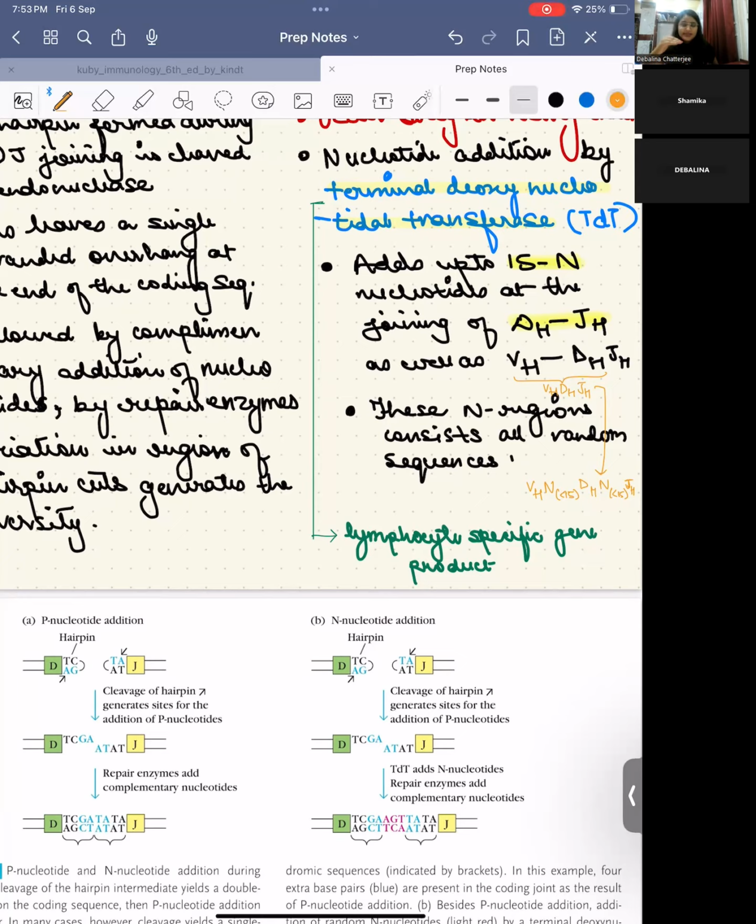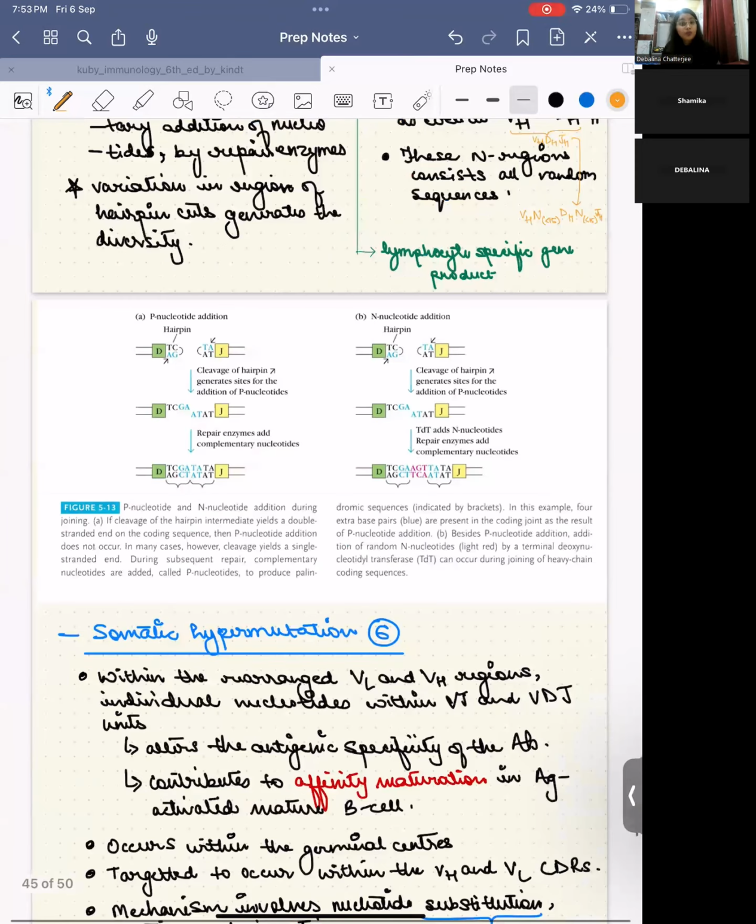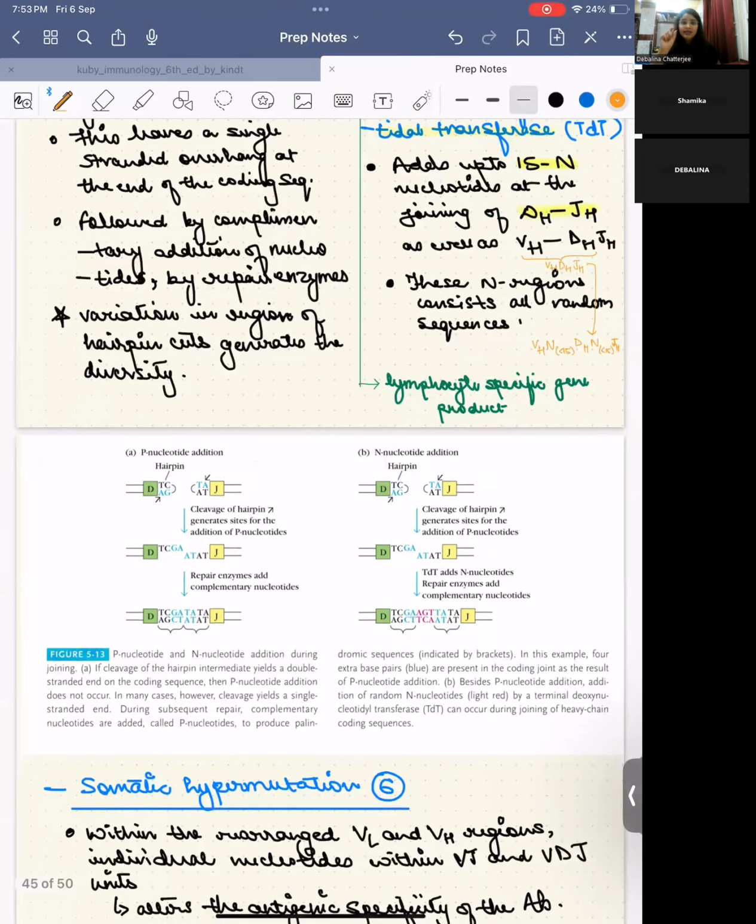But when this cell has to undergo differentiation, the switch regions can be activated, the switch recombinase is activated in the presence of antigen, and splicing to a different isotype of antibody is possible. So isotype switching is possible in the presence of antigen. Apart from that, somatic hypermutation is also possible in an activated B cell.